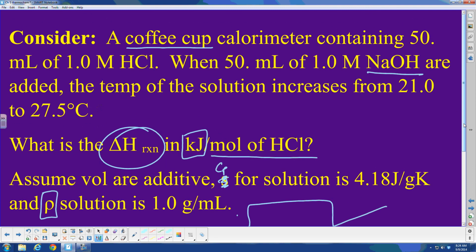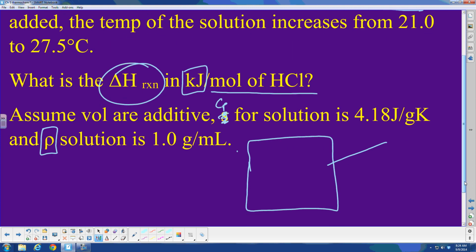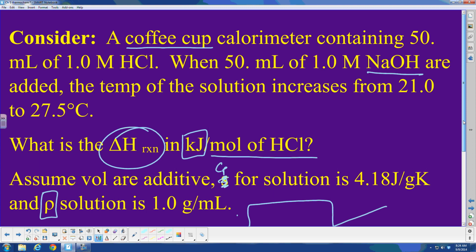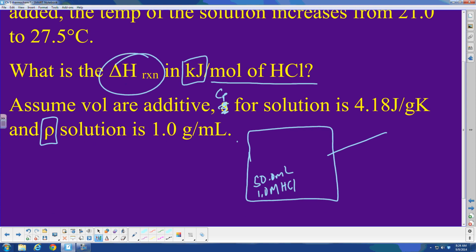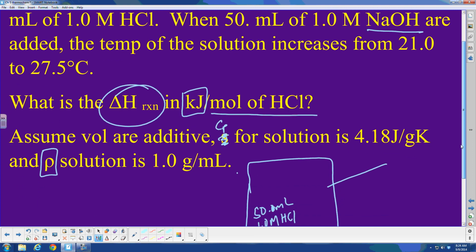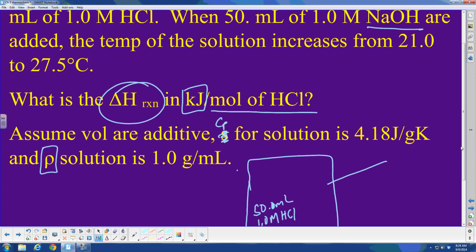I have 50 mils of 1 molar HCl. I hope I have my sig figs right on that. That looks good. And what else do I have? I have 50 mils of 1 molar NaOH.